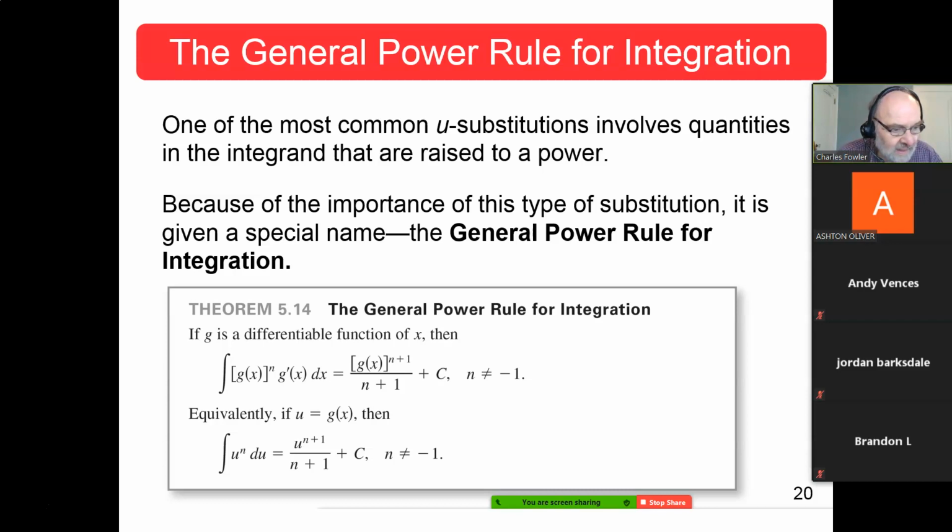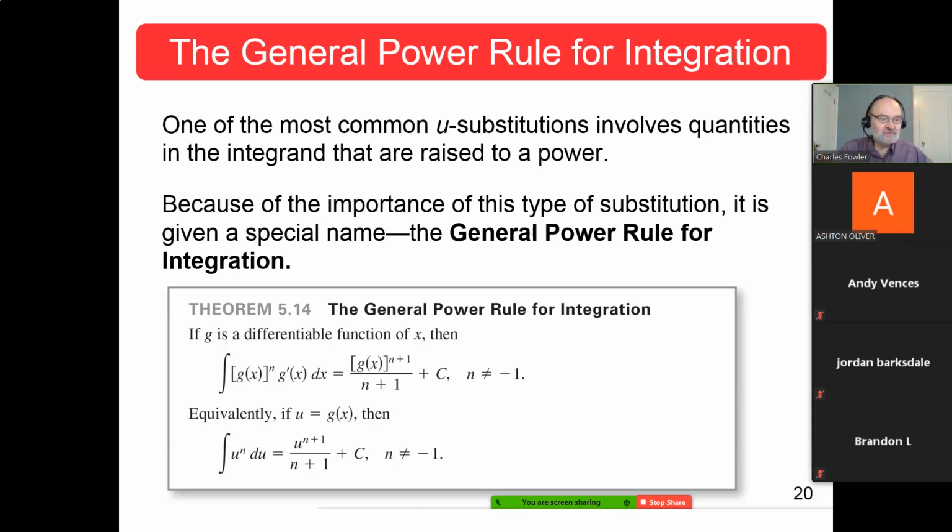Okay. We're on page 337, and this begins the general power rule for integration, which is where this slide picks up.